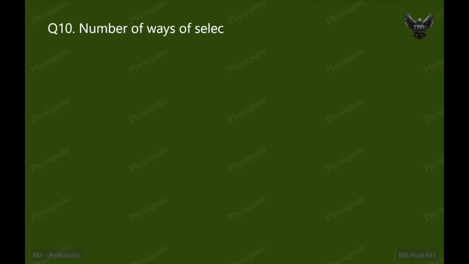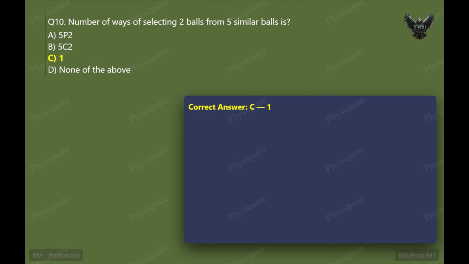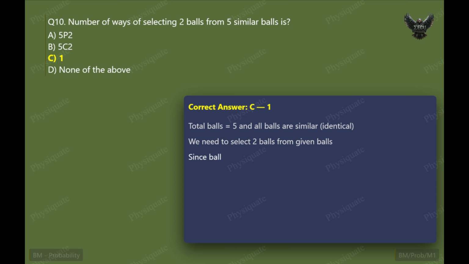Question 10. Number of ways of selecting 2 balls from 5 similar balls is. Correct answer is option. Total balls equals 5 and all balls are similar, identical. We need to select 2 balls from given balls. Since balls are similar, they are indistinguishable.